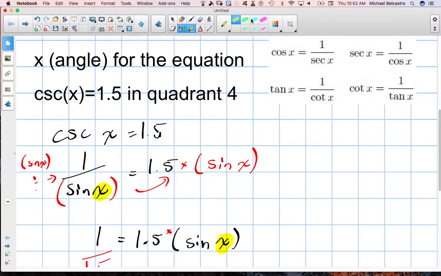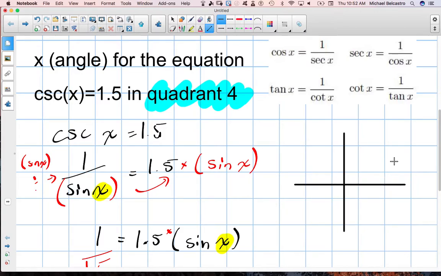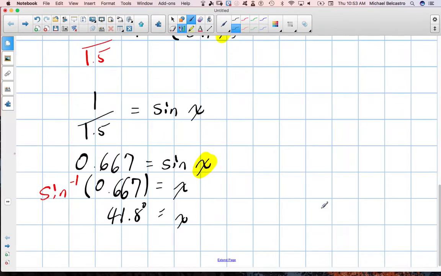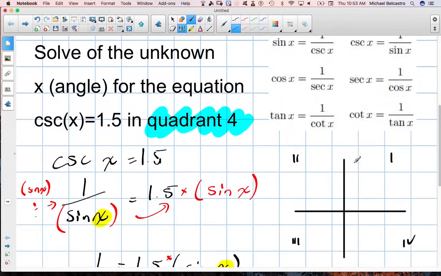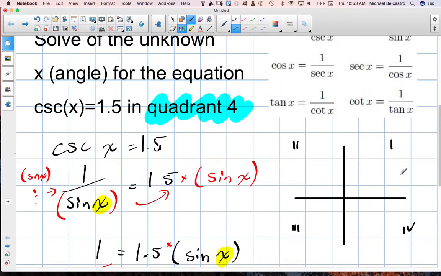The question, if you recall, asked us for quadrant 4. Well, quadrant 4, we'll draw a brief diagram here. We're talking about 1, 2, 3, and 4. Well, 41.8 actually only exists in quadrant 1.